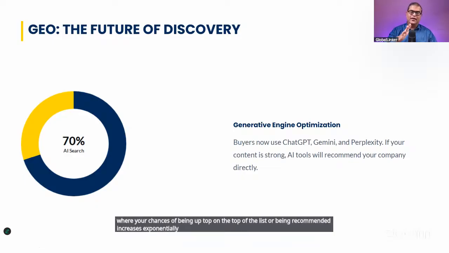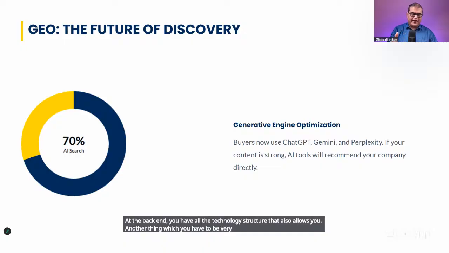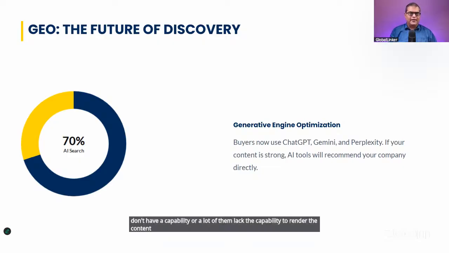So it is not just that you're creating the content, you have to be very mindful that you are also formatting the content in a way that AI can consume it. And then at the back end, you have all the technology structure that also allows you. Another thing you have to be very careful of is that, like search, AI also crawls the content on your website. But a lot of them lack the capability to render the content and make sense of it.